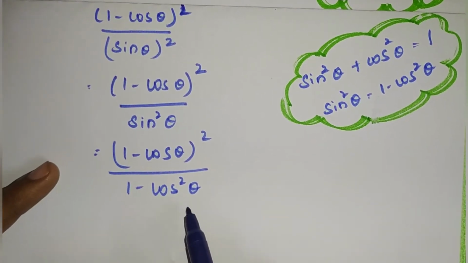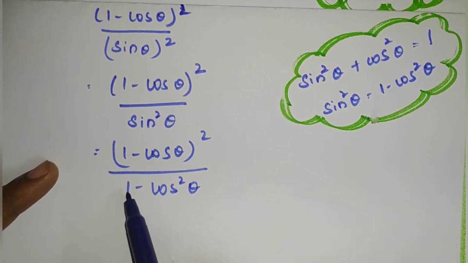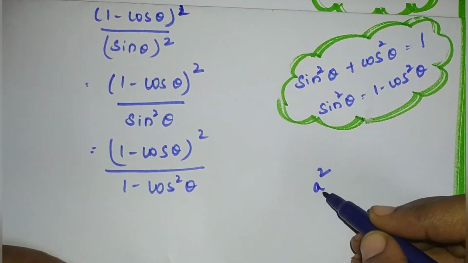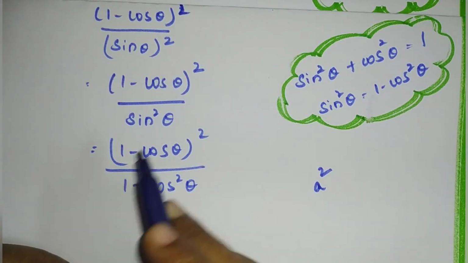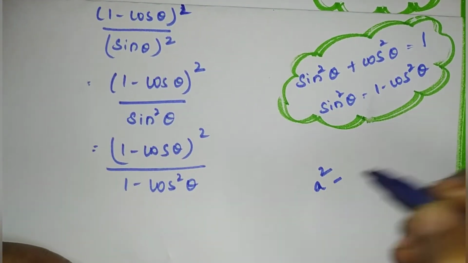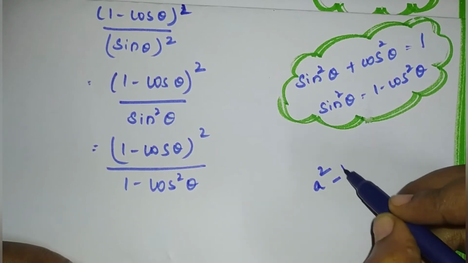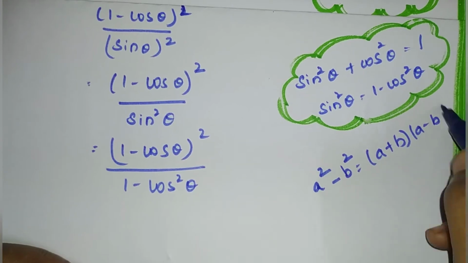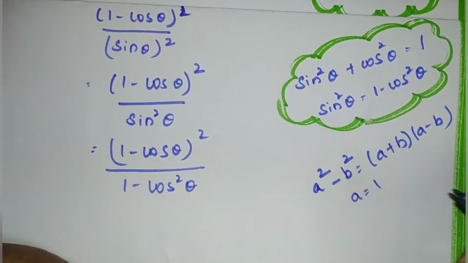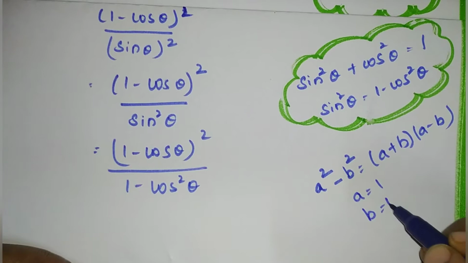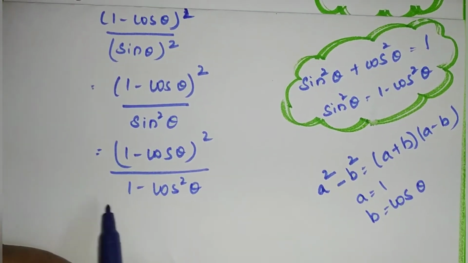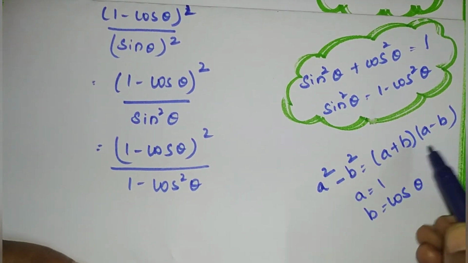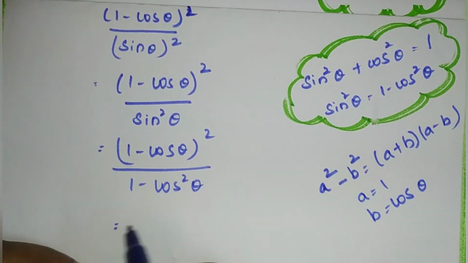Yes, we can simplify by the algebraic formula a square minus b square. 1 we can write as 1 square, no? 1 square minus cos square theta, that is b square. So a plus b and a minus b, where a is equal to 1 and b is equal to cos theta. So what will be the answer? 1 plus cos theta, 1 minus cos theta.